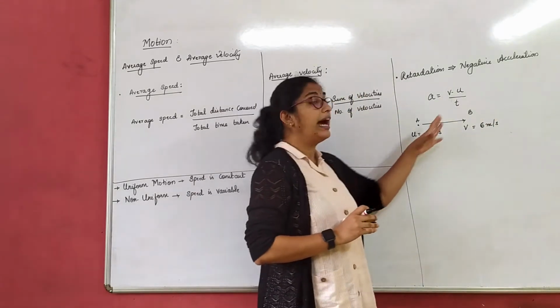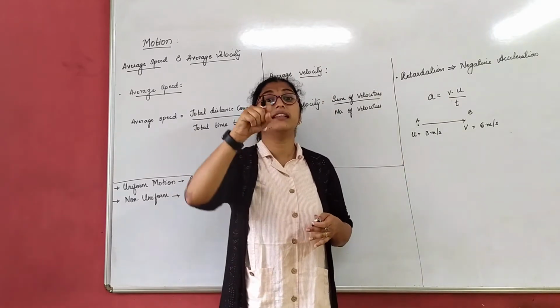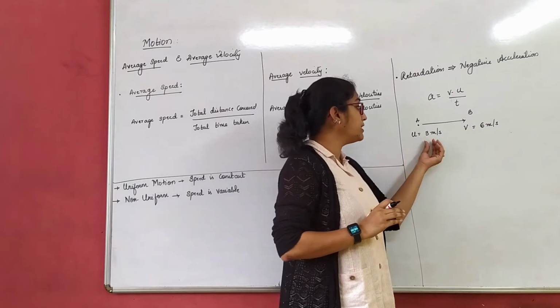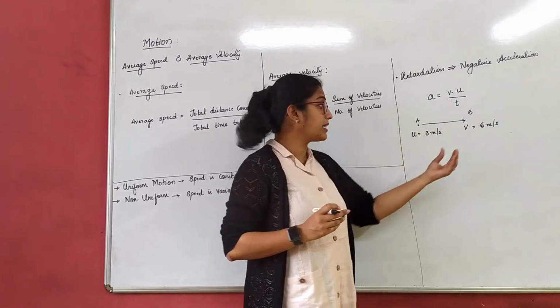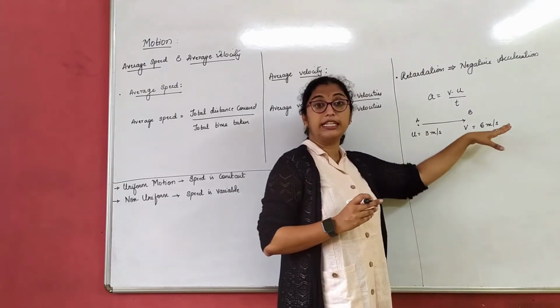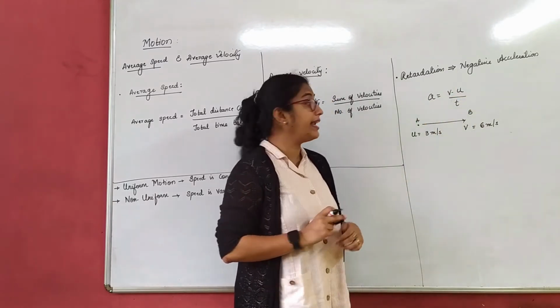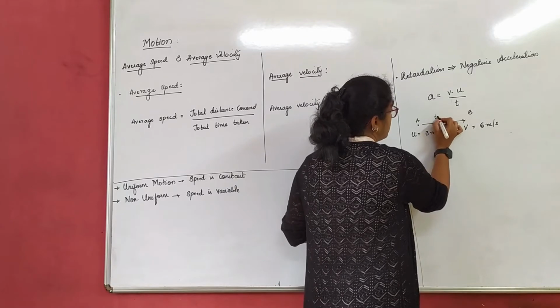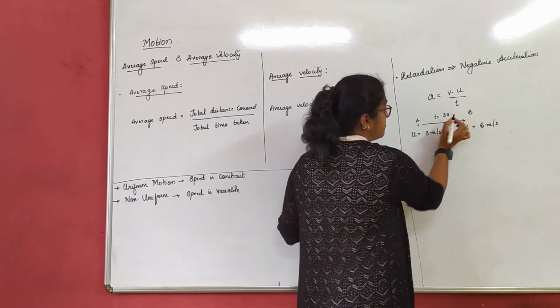Acceleration means you are increasing the velocity. The body was initially moving with 3 meters per second and increased its velocity to 6 meters per second in a time of 3 seconds.